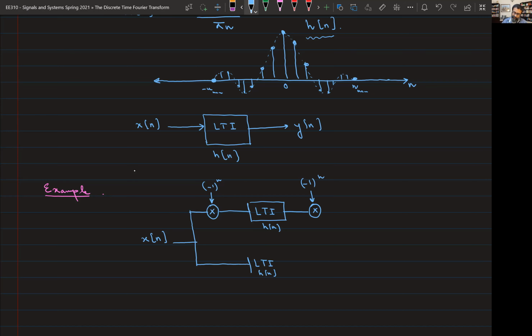So they're essentially both the same LTI systems. And then what you do is you add them up, and you get y of n.